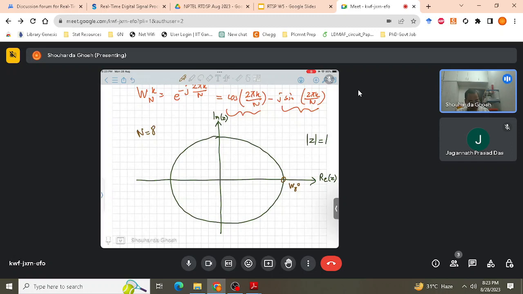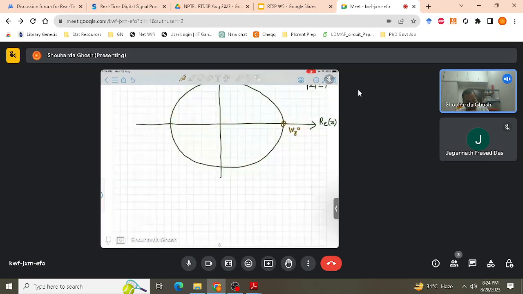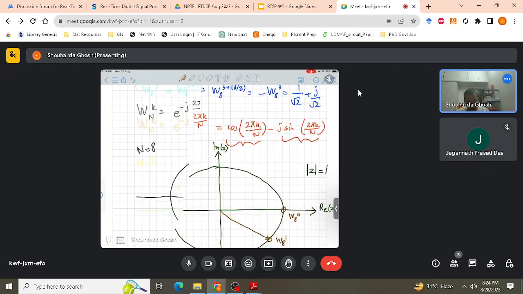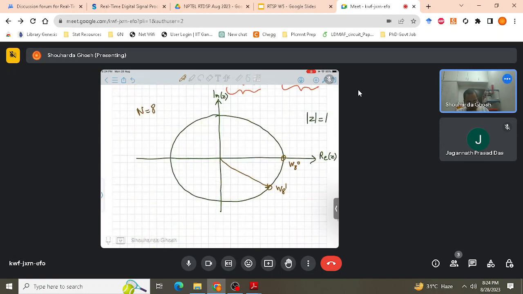So it's 1 by root 2 means the real part is positive, and minus j by root 2 means this part is negative. So our next point is located over here, W8 of 1, and then W8 of 2 is minus j, which is completely the imaginary part and in the negative direction. So this one is W8 of 2. So you can understand here what is going on. We are starting from here and moving in the clockwise direction, and we will be reaching here.